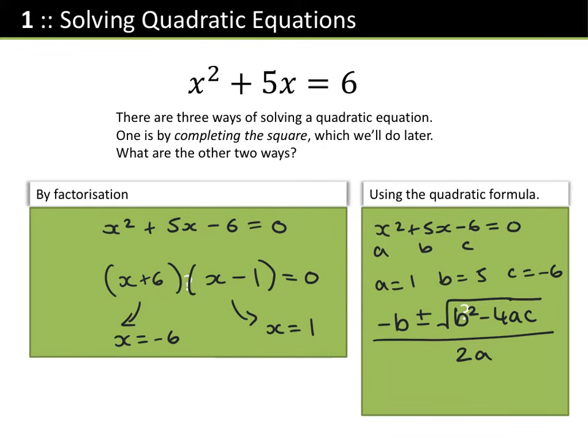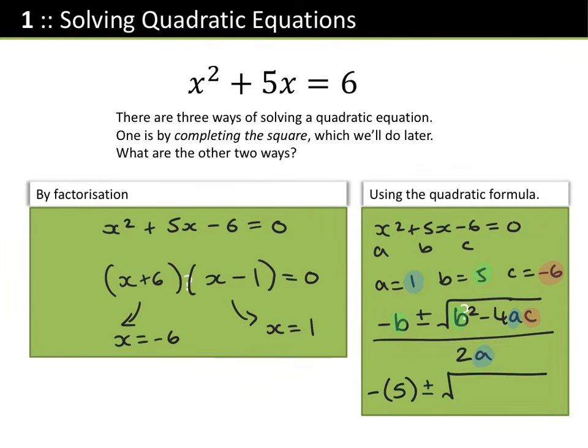We plug in, we substitute in our values. So wherever there's an A, we're going to put a 1. Wherever there's a B, we're going to put a 5. It's really important that whenever we substitute values in, we are writing brackets. And you'll see what I mean in a second. So then, when you substitute it in, you're going to have minus bracket B. It's so important we use brackets.